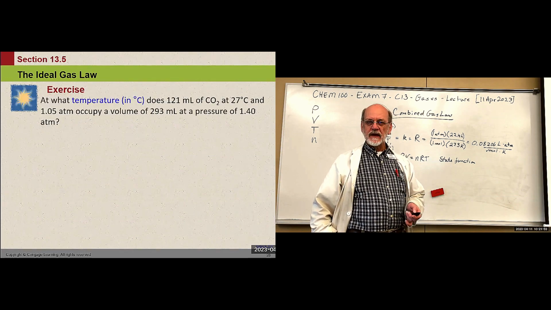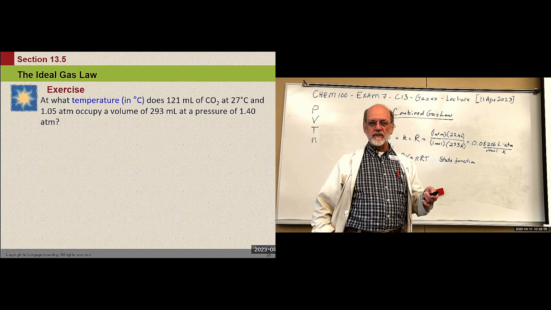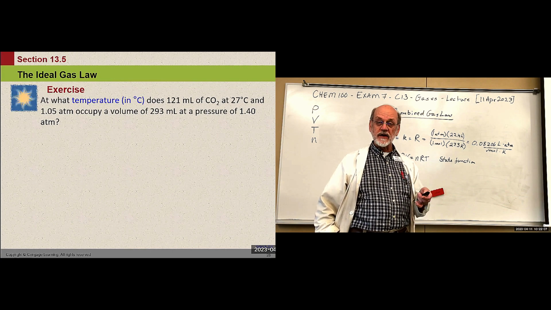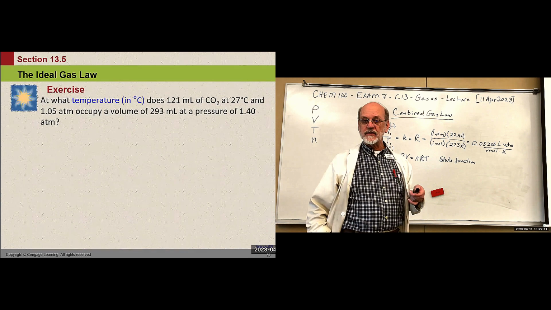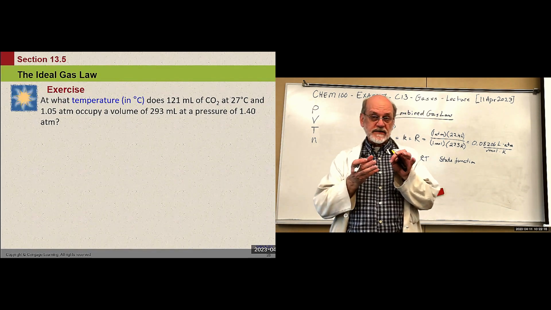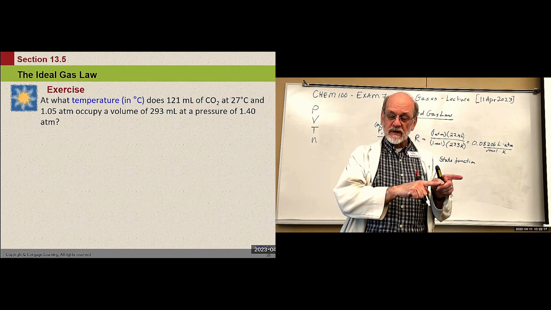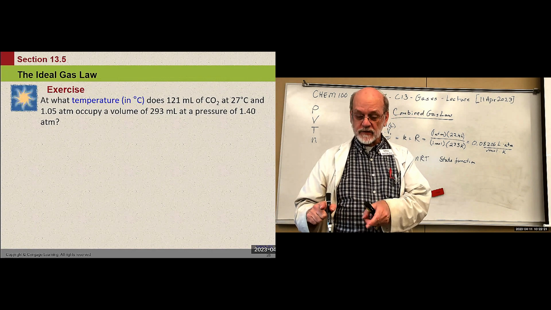Here's another one. At what temperature does 121 milliliters of CO2 at 27 degrees and 1.05 atmospheres occupy a volume of 293 milliliters at a pressure of 1.4 atmospheres? The decision here is, what kind of problem is this? Is this before and after, or is this a state function? This is a before and after.